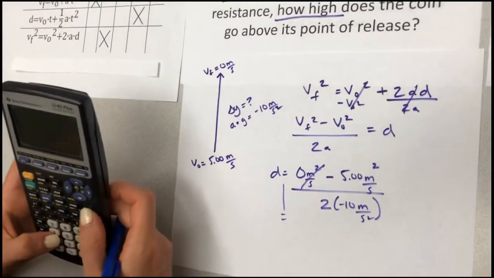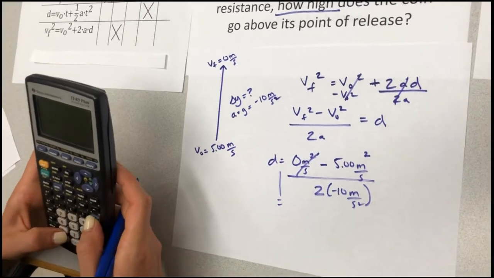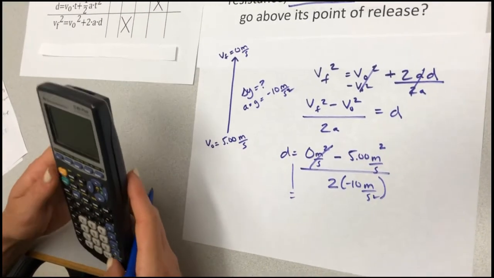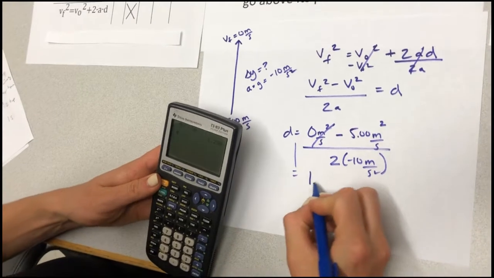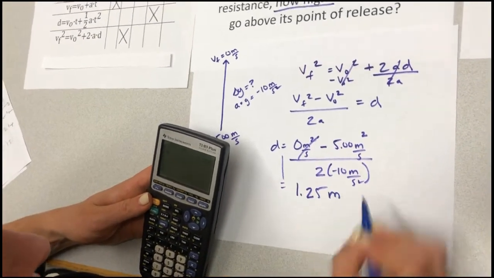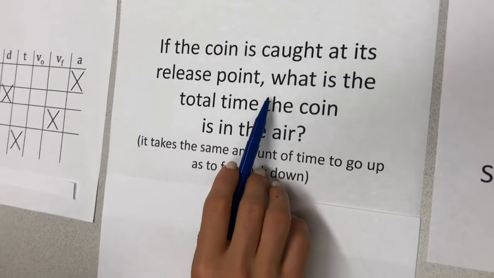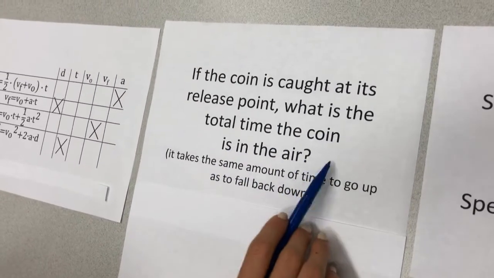Okay, and when I plug that in, we're going to say, so -5 squared divided by -20. And I get 1.25 meters. Boom.